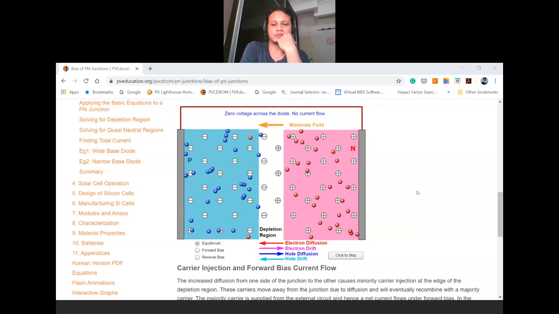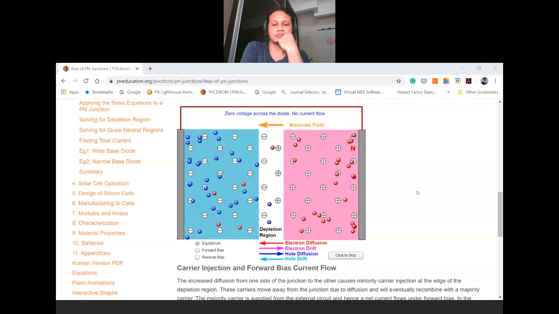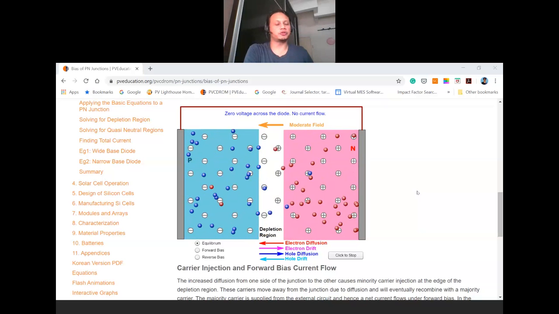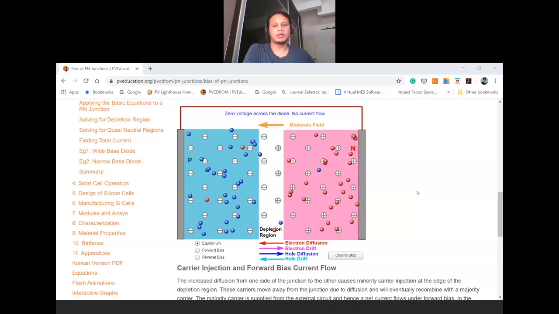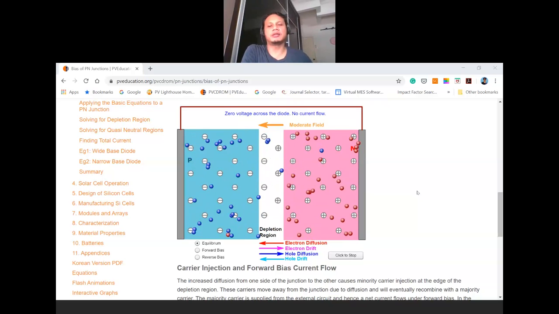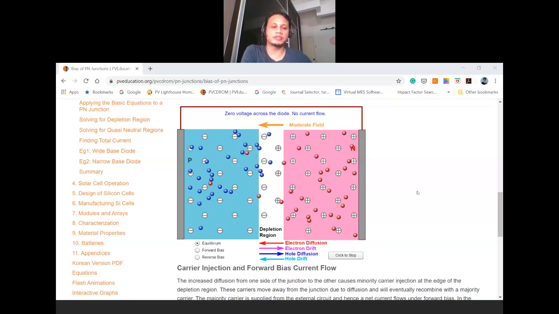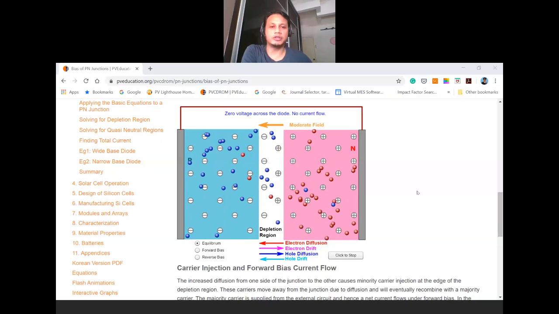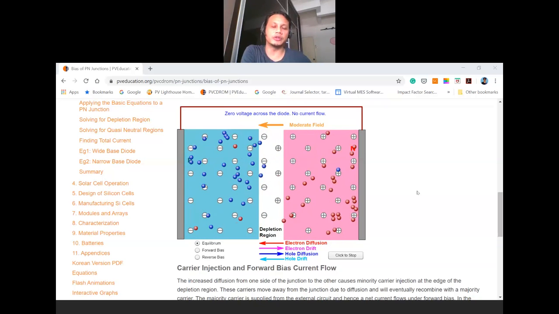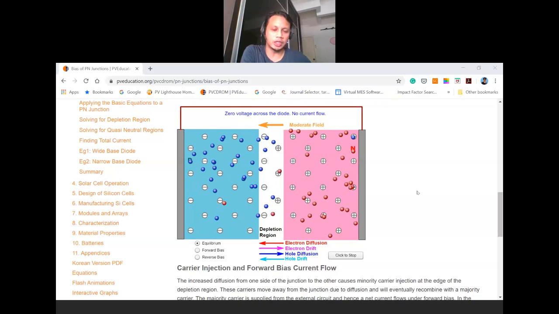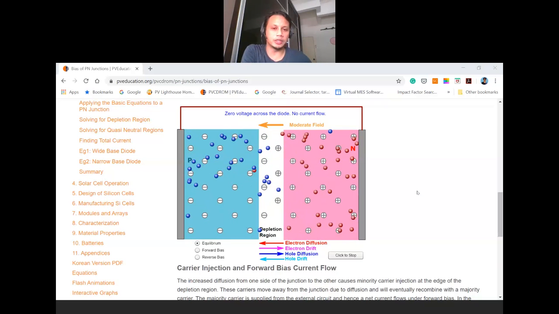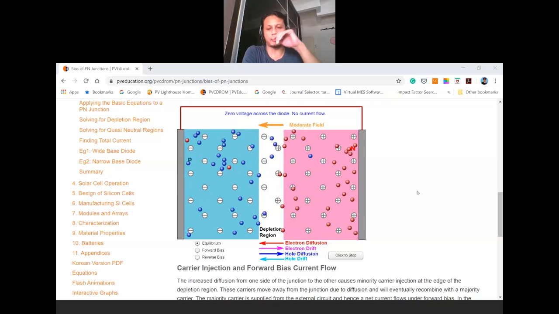So therefore, why are they not supposed to cross? Let's recap. What happened at thermal equilibrium? Yes, potential barriers, right? So potential barriers due to the different charges on both sides. So they are not supposed to cross the junction anymore because they cannot cross the barrier, right?